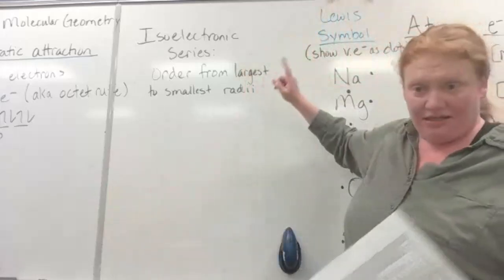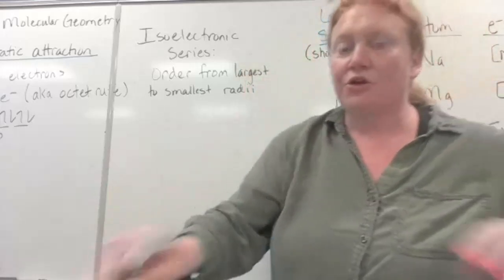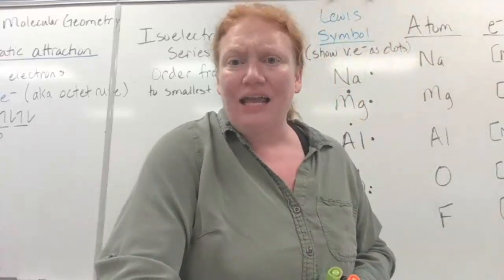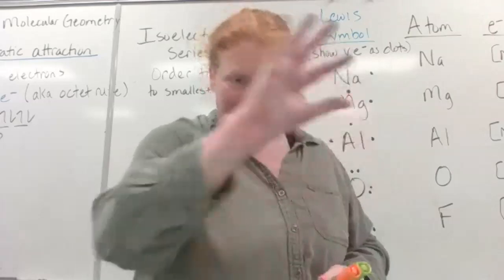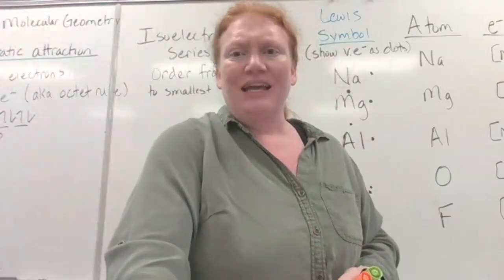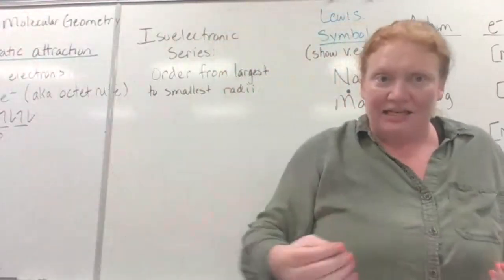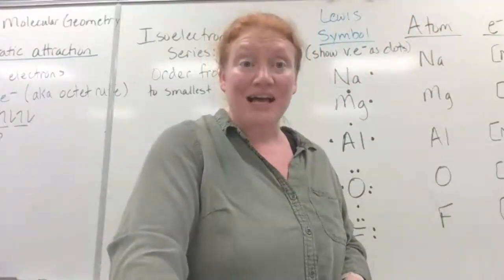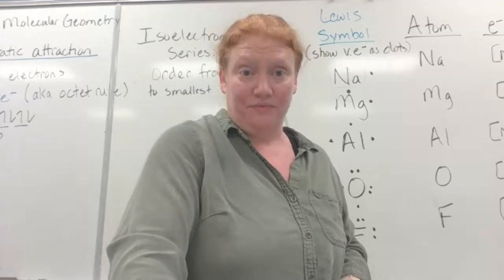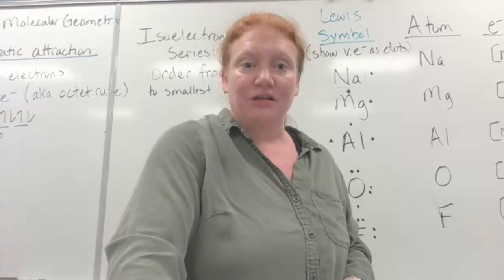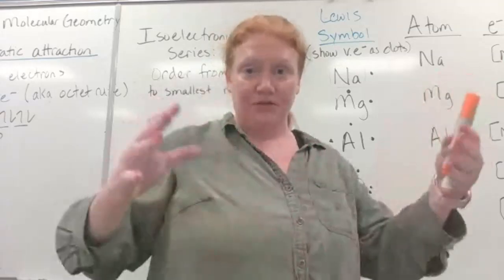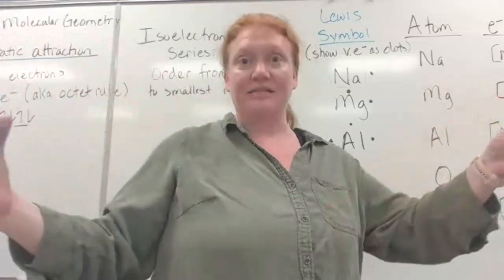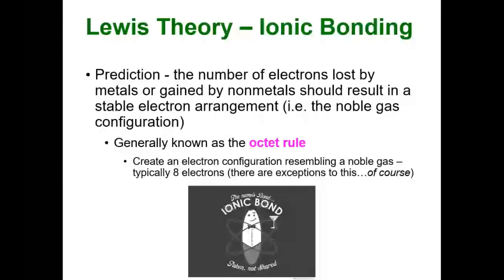But once we have ions, which is what we have here, you need to know that almost within a row, anytime you've gained electrons, you've become an anion, the size has gotten bigger. Gaining electrons means the size increases. Losing electrons when you become a cation means the size decreases.